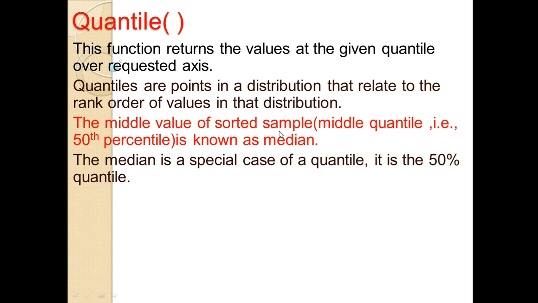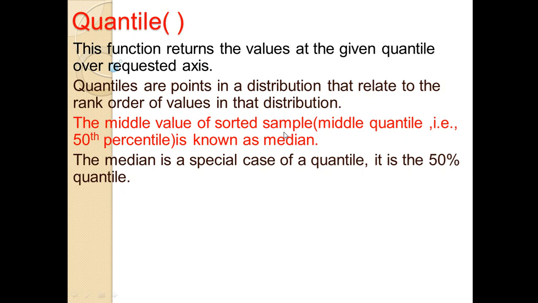But if the set of numbers is given and the numbers are not sorted, not in increasing order, then first of all you need to arrange them in increasing order.